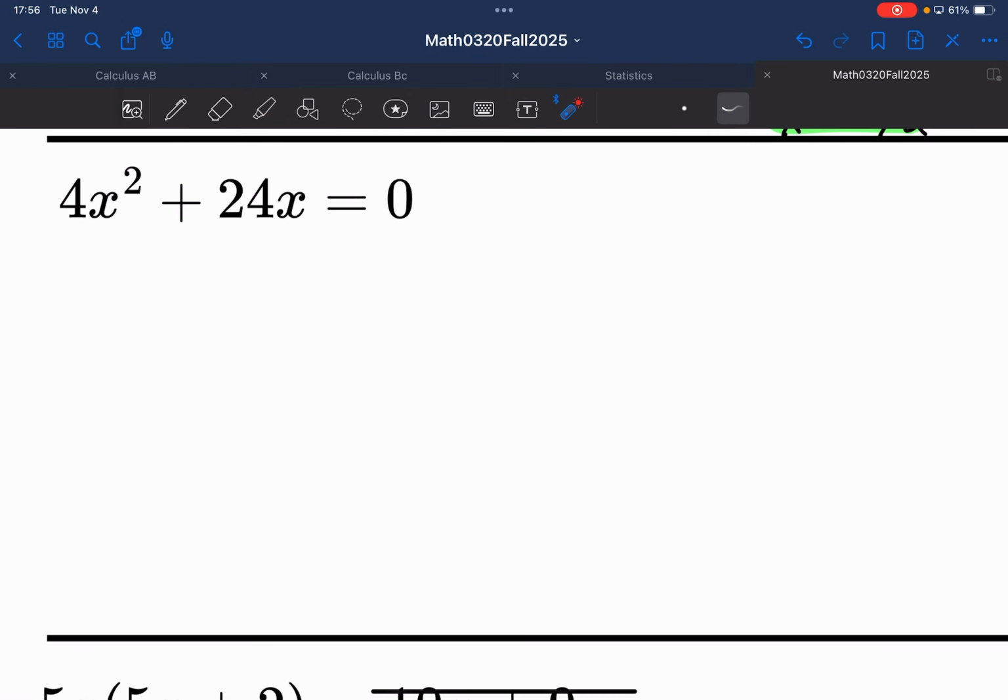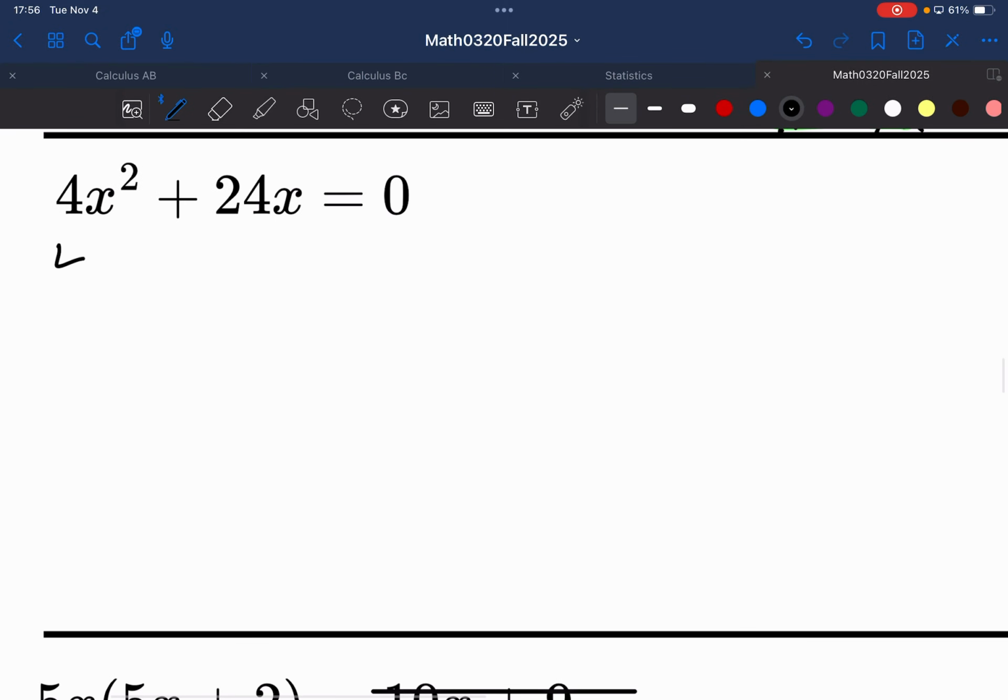If it's missing the C value, then the first thing you should do is always factor out a GCF. These are actually easier because we don't have to do the whole factoring part. We're just taking out a GCF. So what would be the GCF here? 4x, which means I'm left with plus 6. Good. Equals 0.